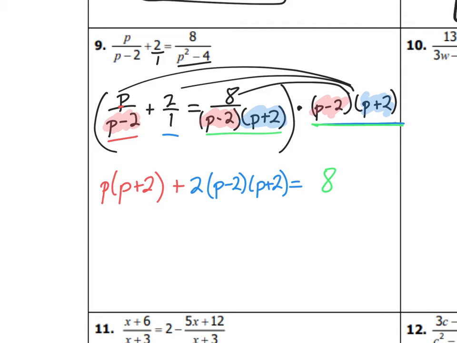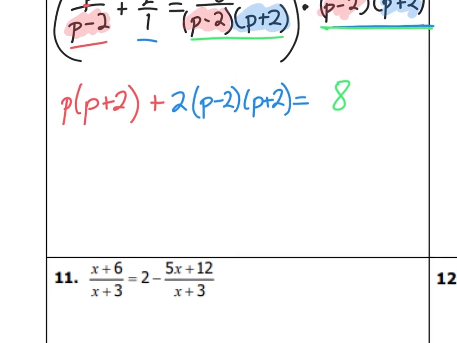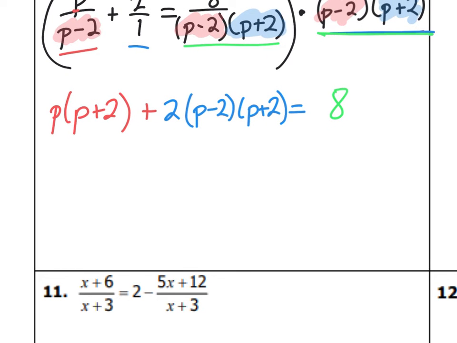Cool. Now we've got an Algebra 1 equation that we should know how to solve. We work from left to right. Okay, we distribute. P times P. P times 2. 2p. Okay. 2 times p. 2p. 2 times negative 2.